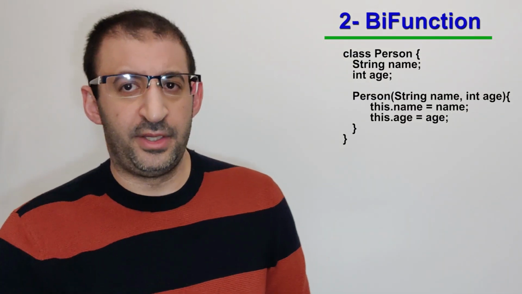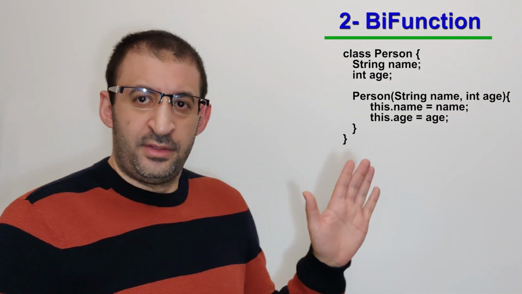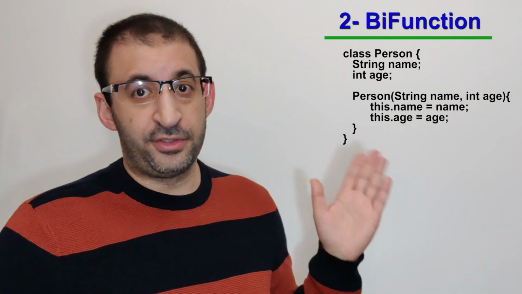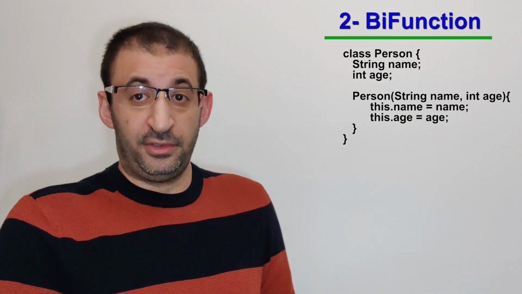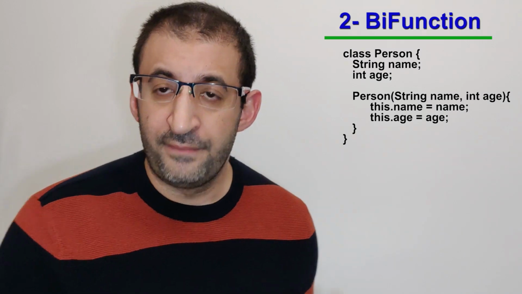Let's make a second example for BiFunction. For example, I have a class Person with only two attributes. So simple, two attributes; I don't want to make a complicated example. It contains the name and the age. I have a constructor. I want to provide my BiFunction the name and the age, and it returns the new person.